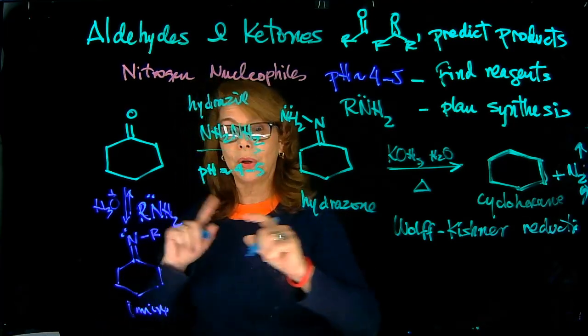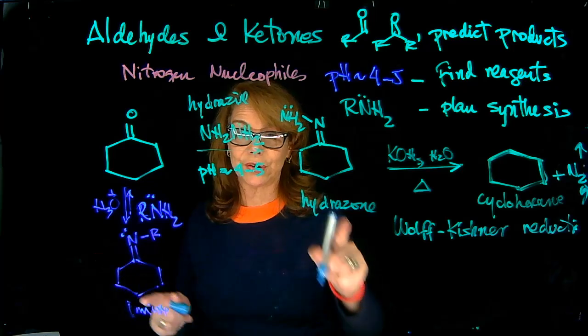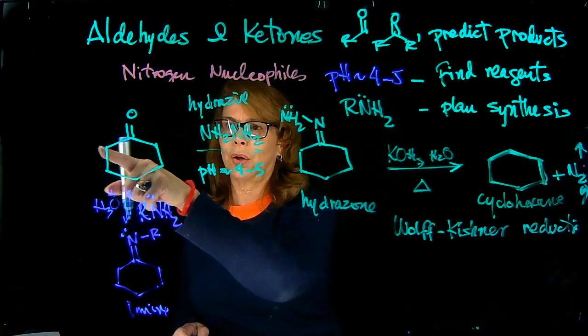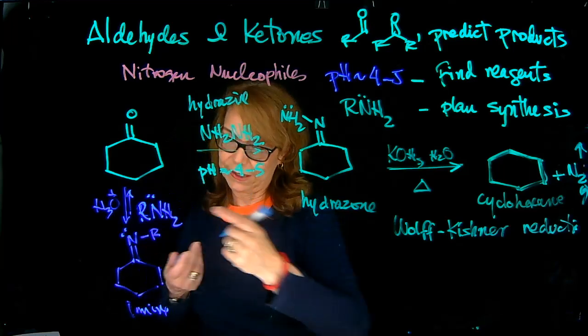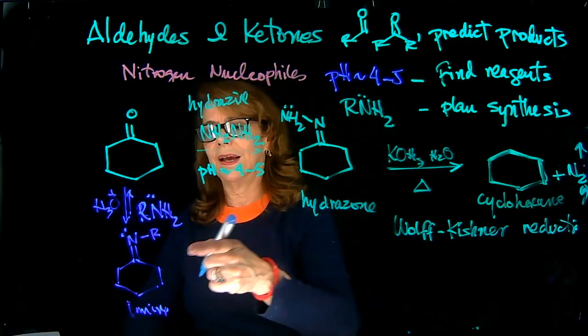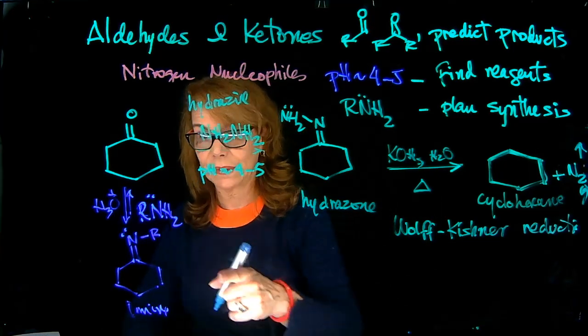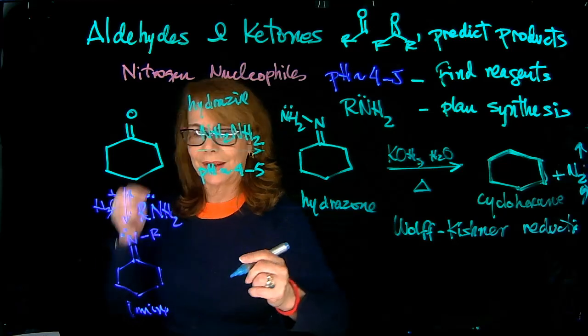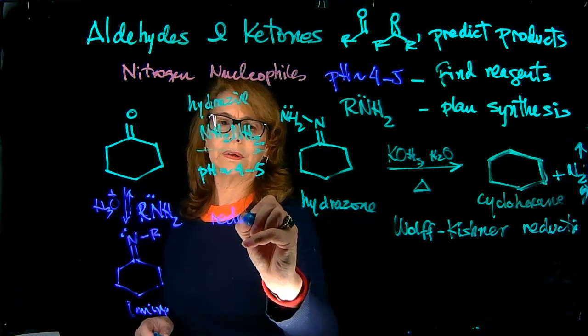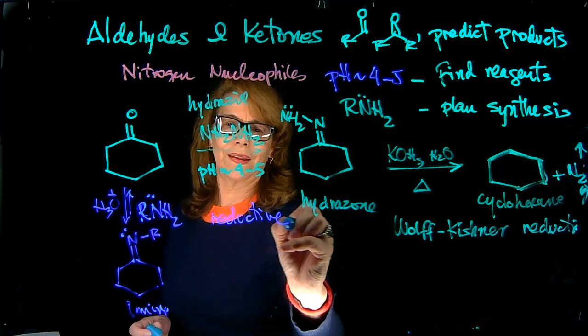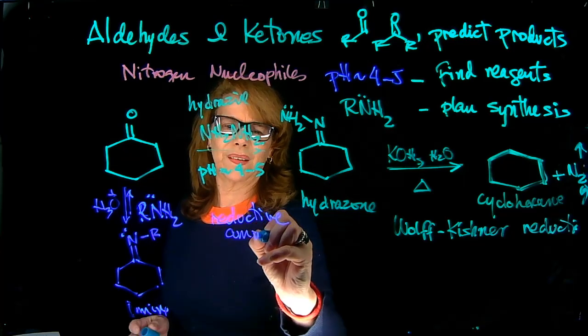And here we can do another functional group interconversion. The Wolff-Kishner allowed us to go from the ketone to the alkane, or can also be aldehyde to the alkane. Now here we're going to go from the imine to an amine. This reaction is called reductive amination.